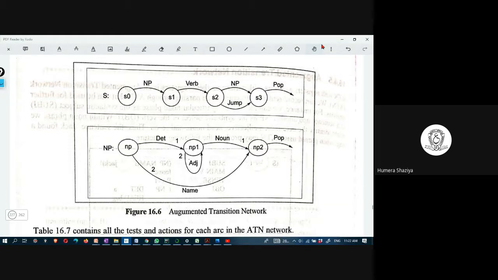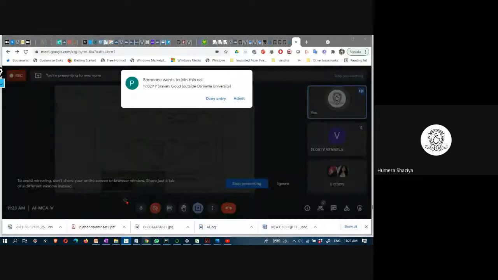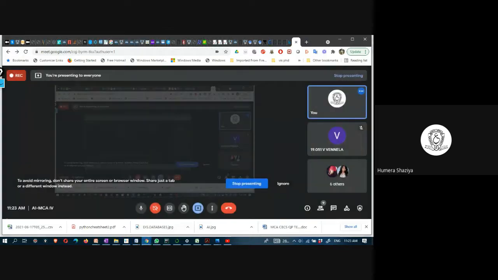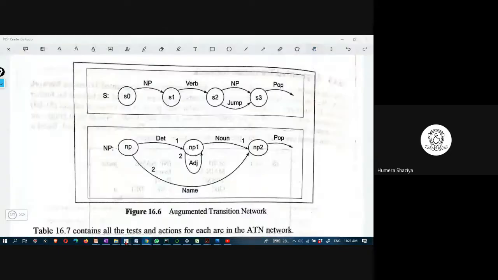If a noun phrase is there, it jumps. If there is nothing, also it jumps to S3. This is how recursion could be implemented. This is how we write sentences that contain multiple phrases of the same type.